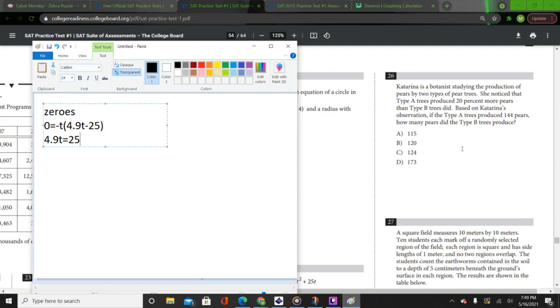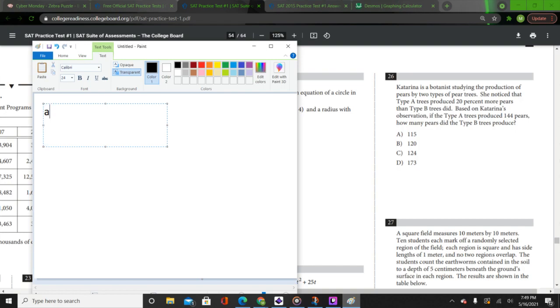So it's just 20% more, so we multiply it by 1.2. 144 times 1.2 is 172.8, which is 173. And that is our answer. Choice D is correct for 26.